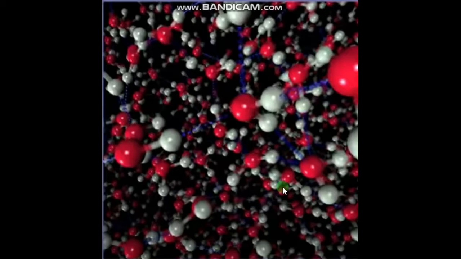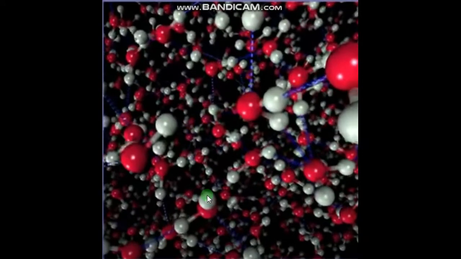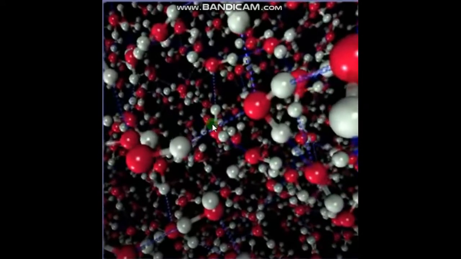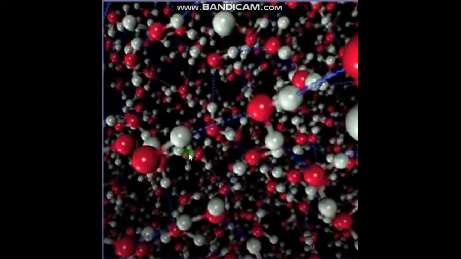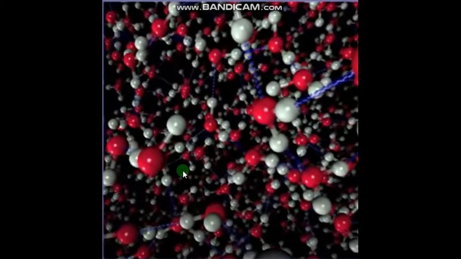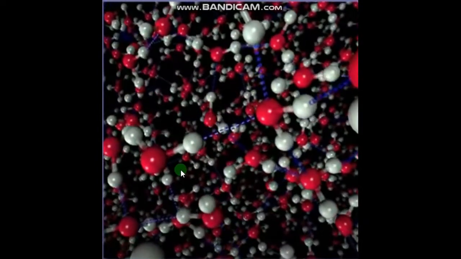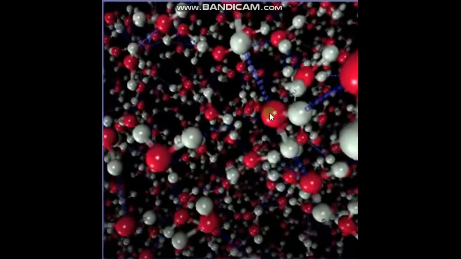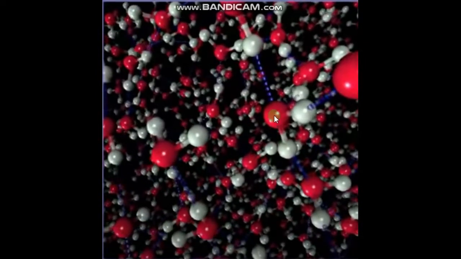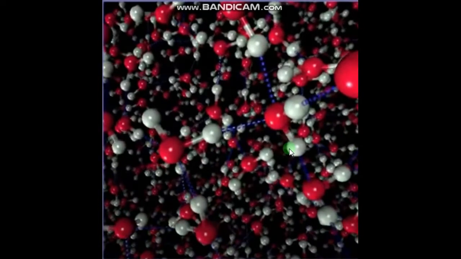Now let's look at what's actually happening if we set this in motion. You can see there's a lot of localized motion of the water molecules. They're not sitting still in the structure. They're vibrating, so the lengths of the bonds are changing slightly with time.